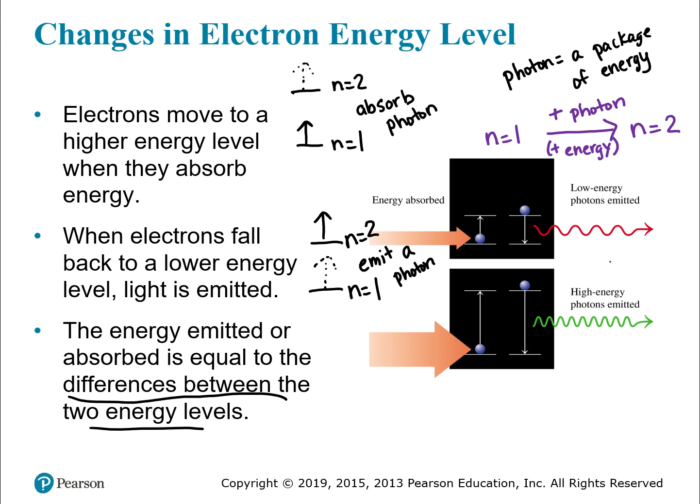If I'm going to go down in energy, say the reverse, I'm starting in n equals 2, and I'm going back down to n equals 1, I'm going to lose a photon or emit a photon.